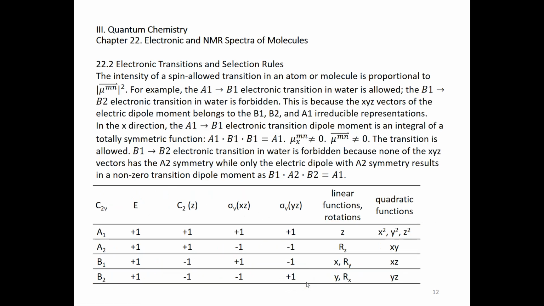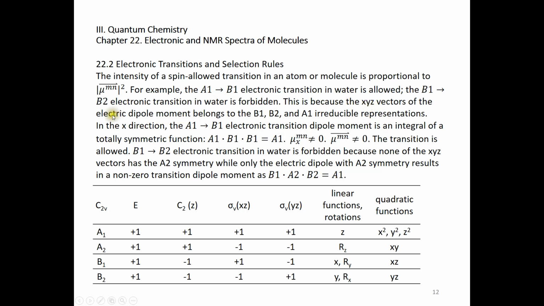The intensity of a spin allowed transition in an atom or molecule is proportional to the transition dipole moment squared. For example, if we look at an electronic transition in water, the electronic transition from an A1 MO to a B1 MO is allowed, but from B1 to B2, that's forbidden, because we can actually look up the symmetry for x, y, and z vectors, because when you have an electric dipole moment, that's the charge times the x, y, z vector.